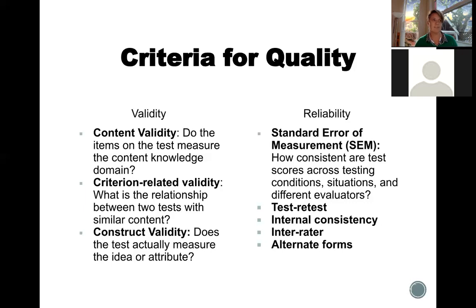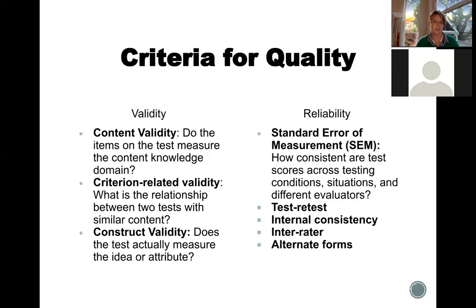If that question is like define perimeter, is that still getting at that if it's on a general math test? Or you're looking at math facts and computation skills, and you have a perimeter question, it doesn't exactly match up. So that's one area. Do the items and the content match?